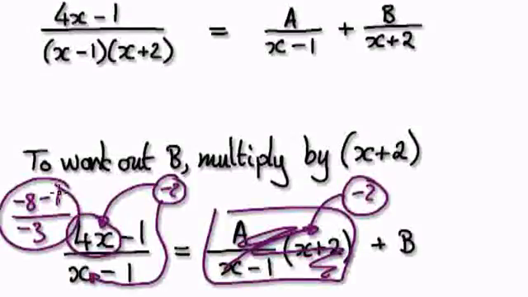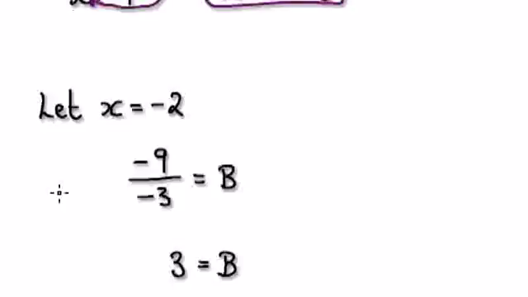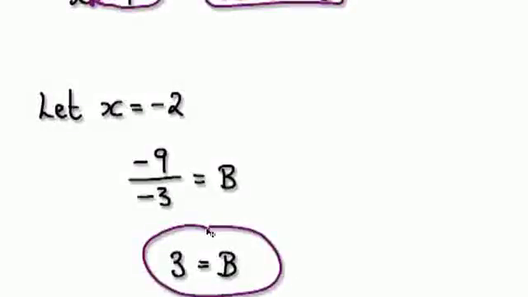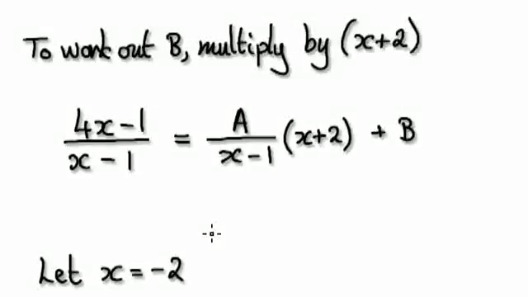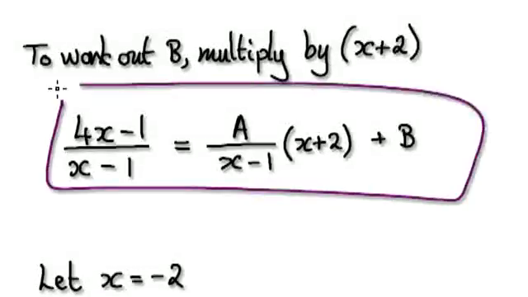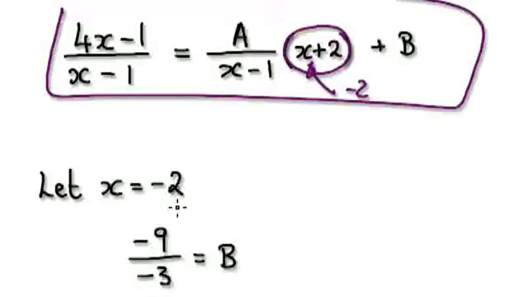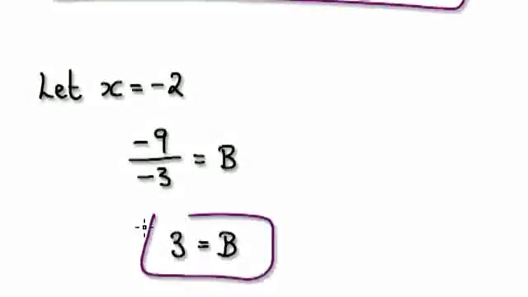So this whole thing here will become 3. Okay, so hang on. When you are at this stage here, let this thing here be negative 2, and then it will allow you to work out B. So B equals 3.